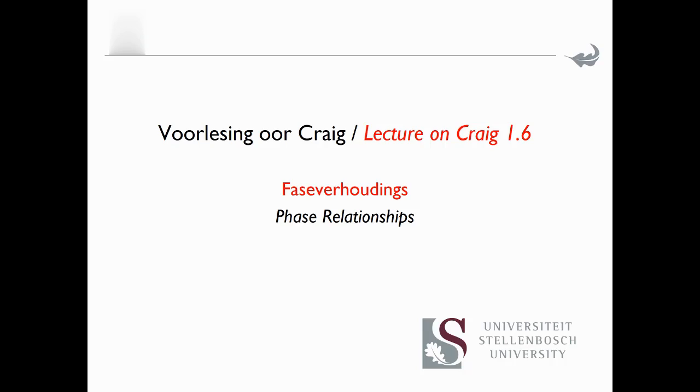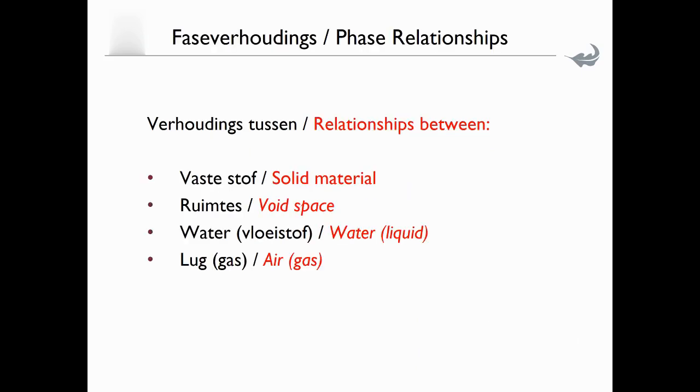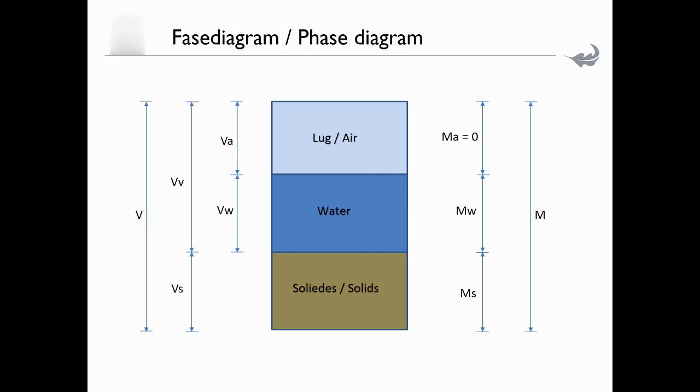So as I said, we are going to look at phase relationships for today. Phase relationships refers to the relationships between the solid material, the void space, the water or any other liquid, and the air or gas in the soil. If you look at this little picture, this is typically what soil looks like in reality.